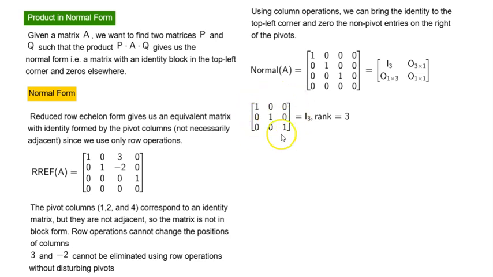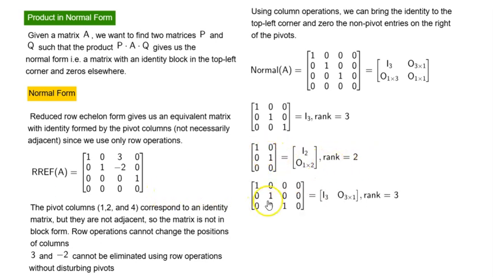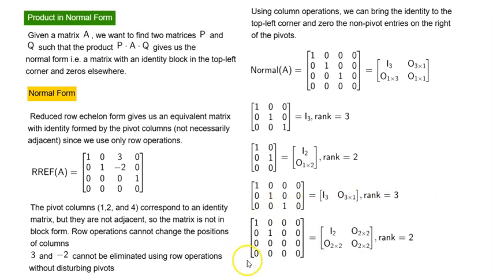If we had got the perfect identity without any 0 columns or 0 rows, then the rank would be 3. If we had arrived at this as a normal form, then the rank would be 2. And if we had this, then again the rank is 3. And in this case, the rank is 2.